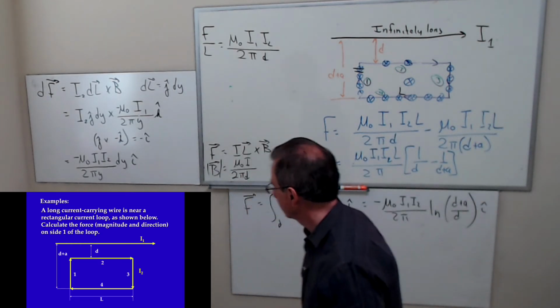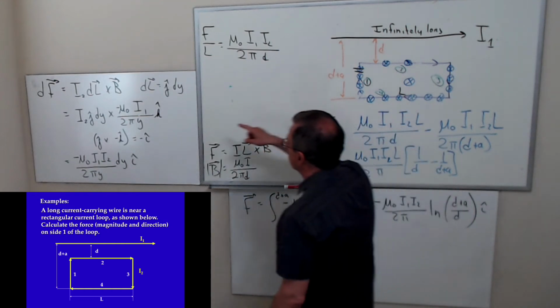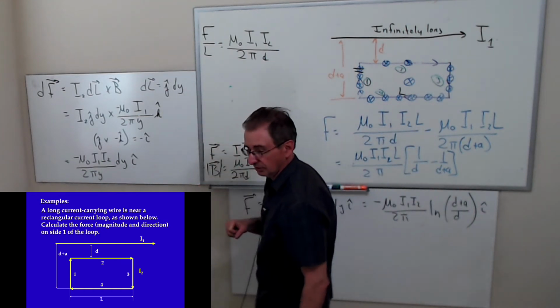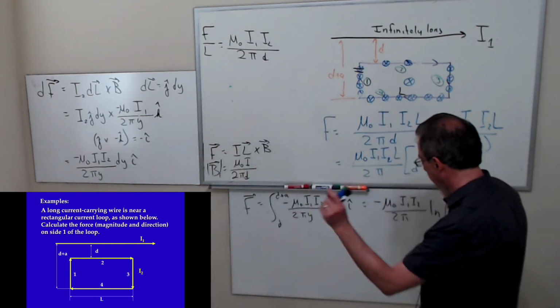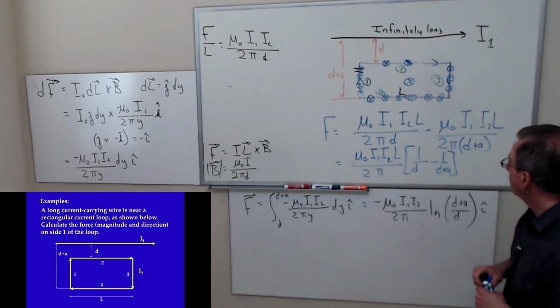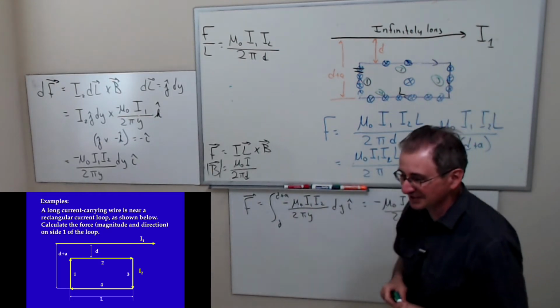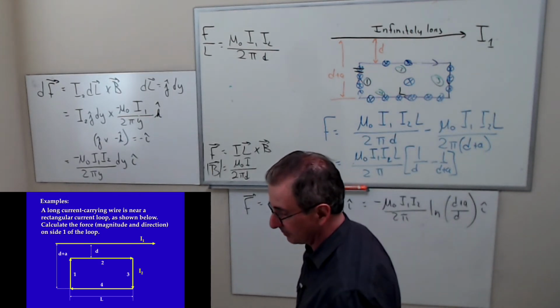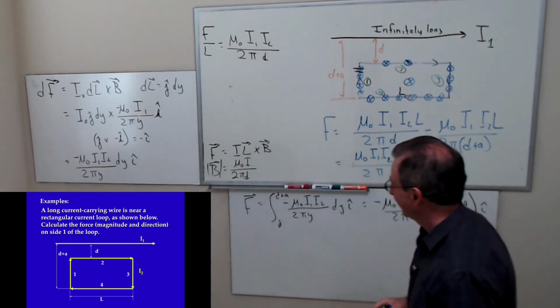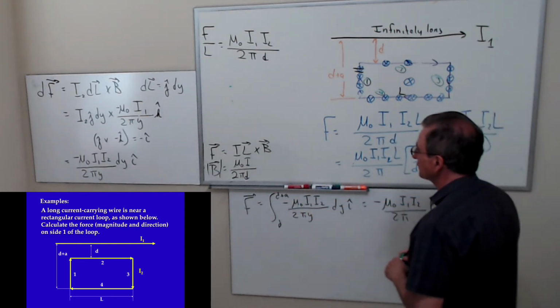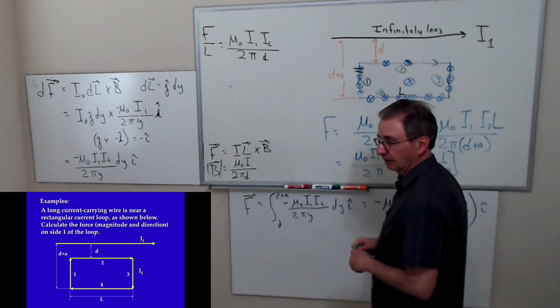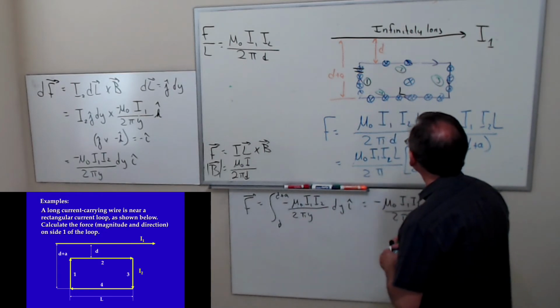And then it would cancel. Because if you do this side, then this would be negative, and everything would cancel out. Okay, so that's why these two cancel. So there's just more practice on forces on wires in non-uniform field.